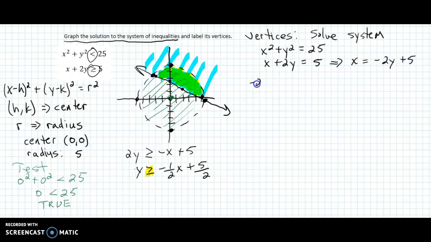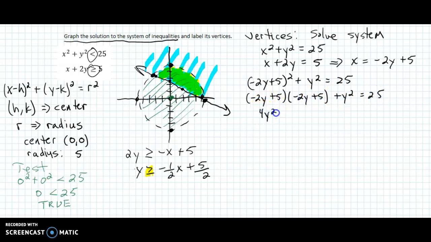And so then I have (negative 2y plus 5) squared plus y squared is equal to 25. And then we can FOIL. So let's go ahead and write that out. And we get 4y squared, and we get minus 10y.